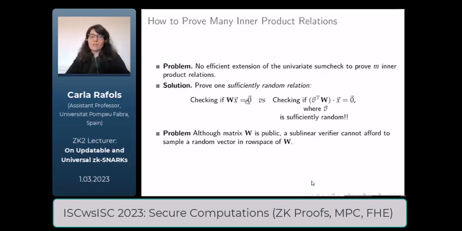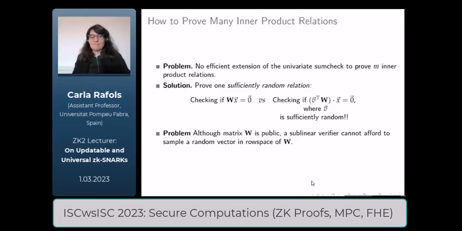How? I multiply this matrix by a row vector so that I'm flattening the matrix to a single row, okay? And the idea is, if I'm doing a combination of the rows that is sufficiently random, proving all these relations is equivalent to just proving a single one, okay?